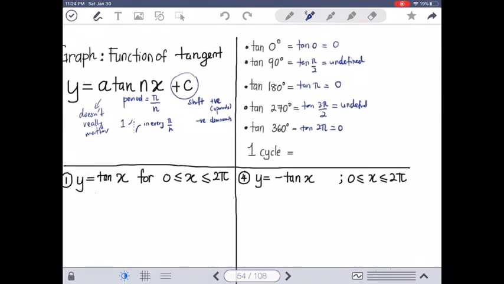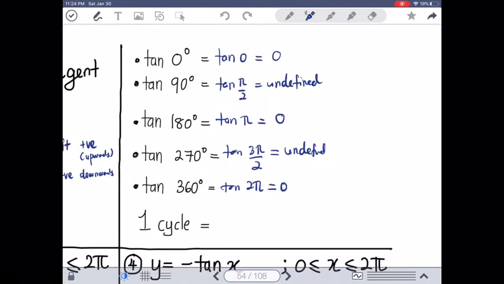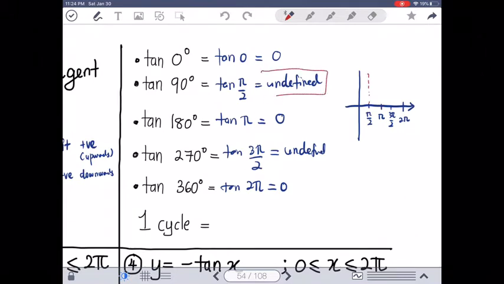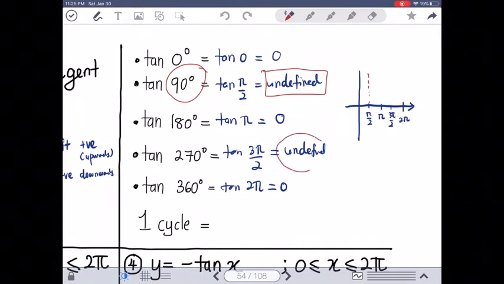How does the graph look? Basically, the tan graph will have asymptotes at the undefined parts of the graph.